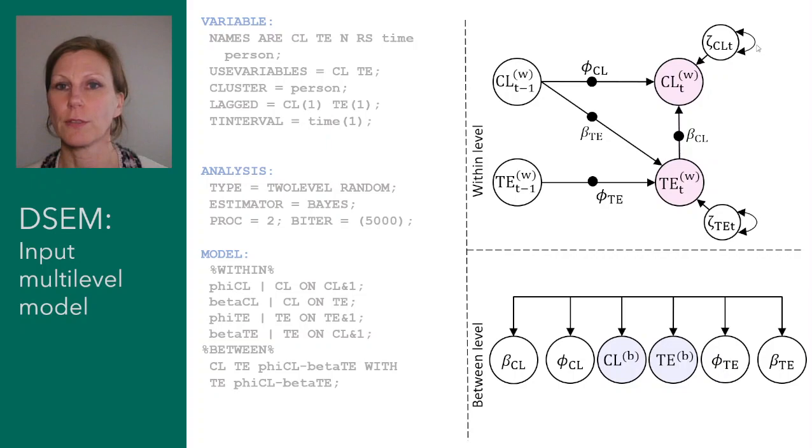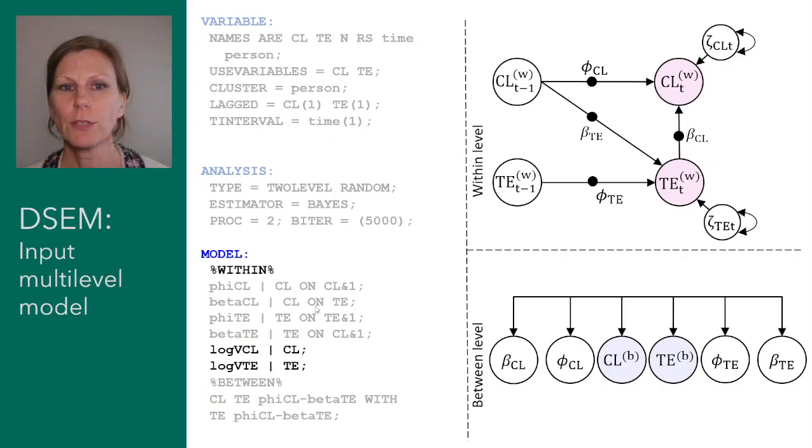But these would be different sizes at the within person level. But now we're going to make them random too. And we do this by just referring to the two variables at the within level. This is then referring to the residual variances. If we just use the name of those variables, and these are dependent variables, then using their names without anything else is referring to their residual variances.